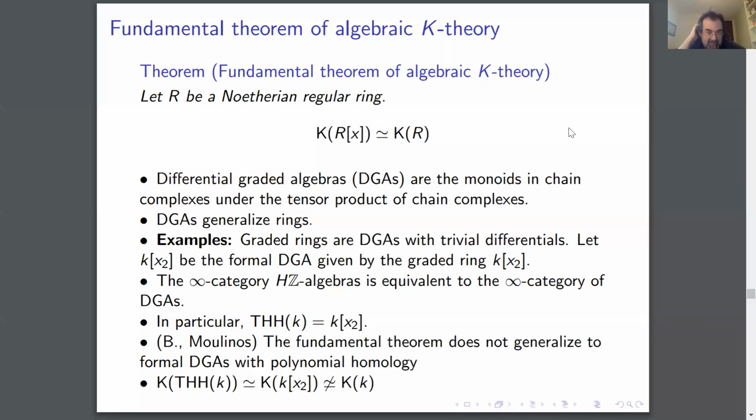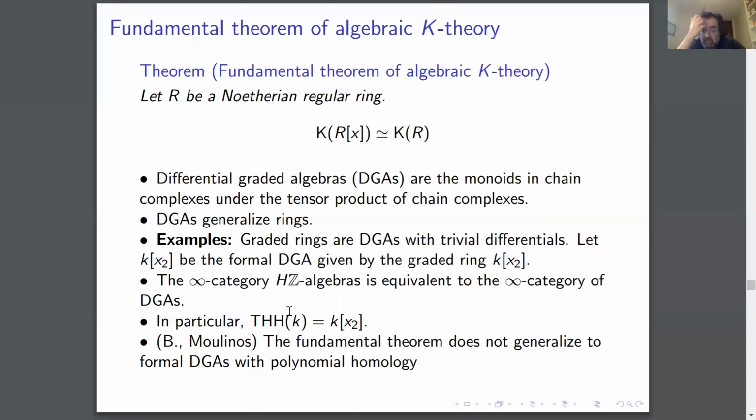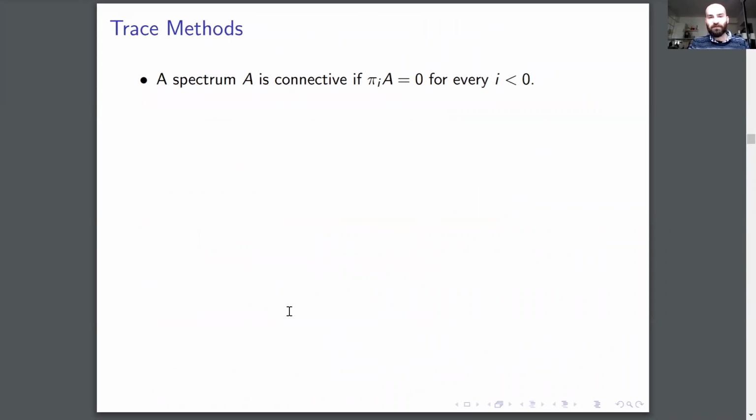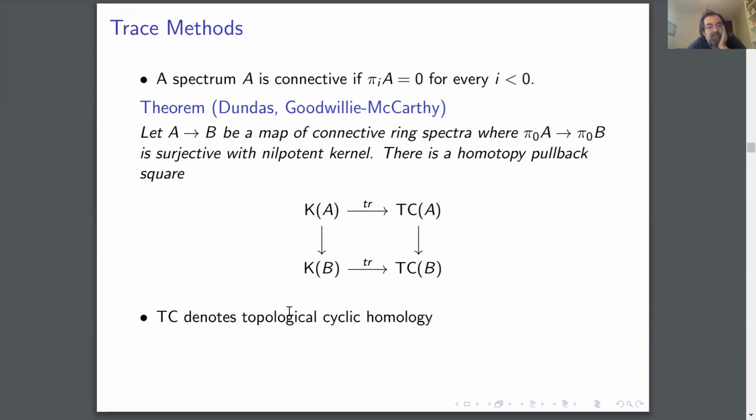How does this relate to the earlier thing you said on the pullback diagram with KA, KB, and TC? Yeah, basically, in our case, that kind of situation. I couldn't go that far in the talk. I was going to get into that, but the situation is that our A is THH K, and our B is small k.